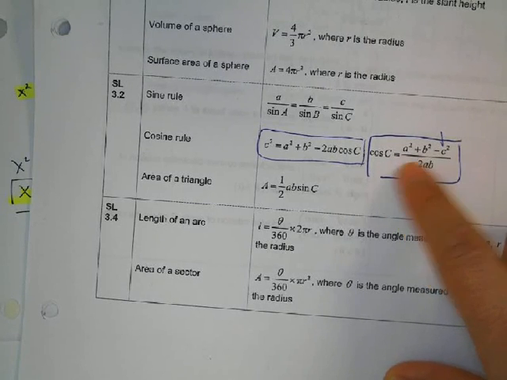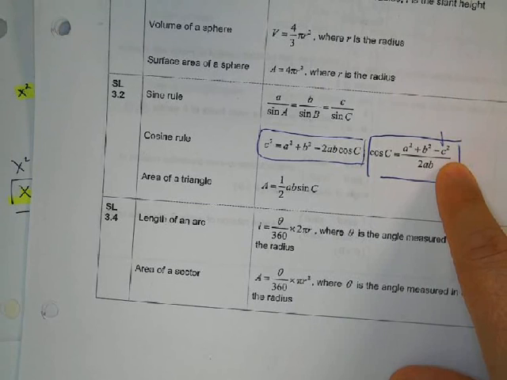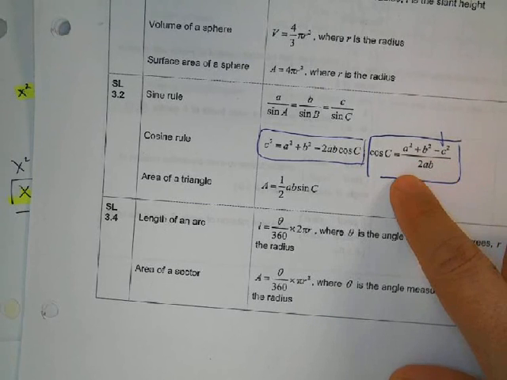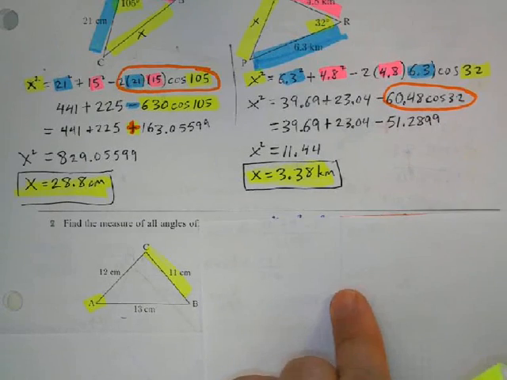basically, the side that is opposite of the angle that we're using is going to be the one that we subtract. Using this relationship, the a squared and the b squared and the ab, those are the ones on either side here.